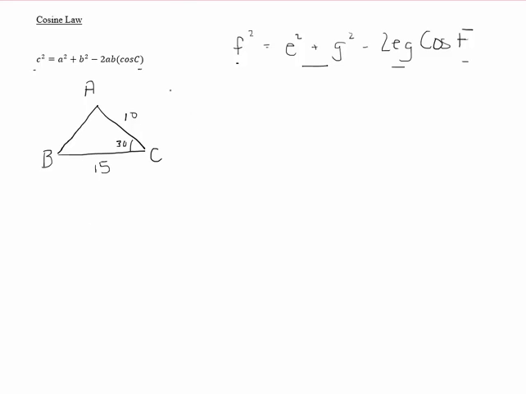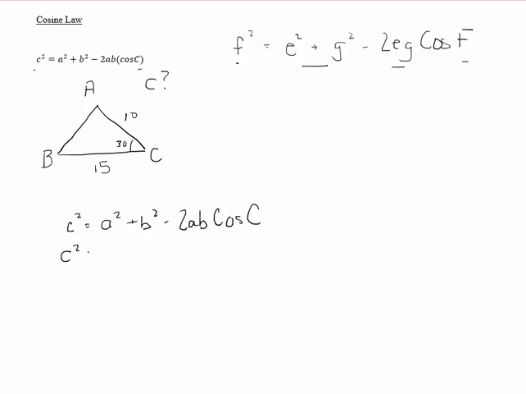So if I'm solving here for side C, so small c is what I'm looking for, then I have to be sure that that's the letter that comes first. Side C squared equals a squared plus b squared minus 2ab cos C. Now it's important that you're writing out the formula every time to help you, one, to memorize it, and also to keep yourself organized.